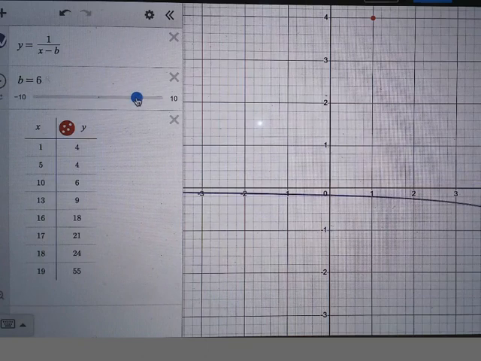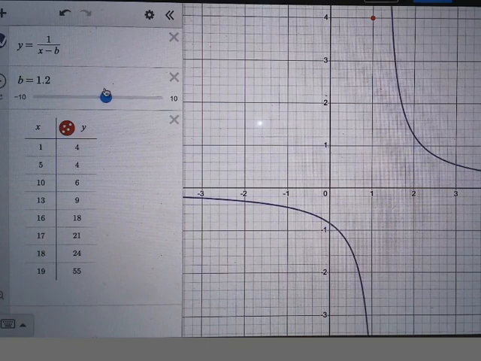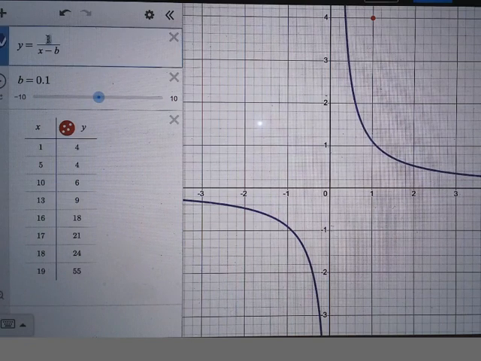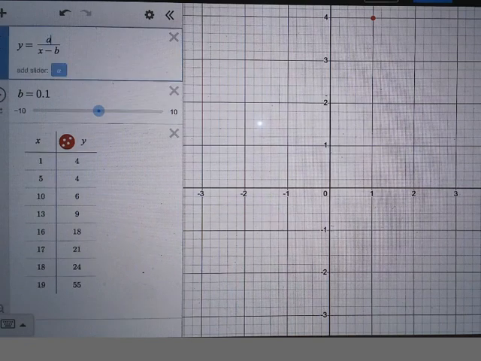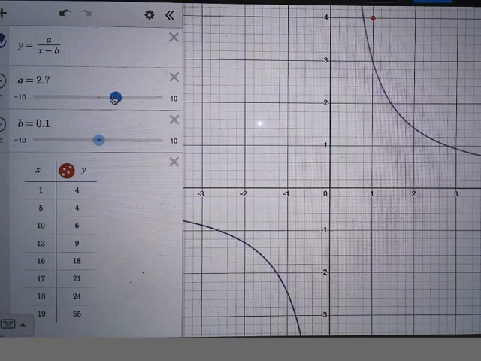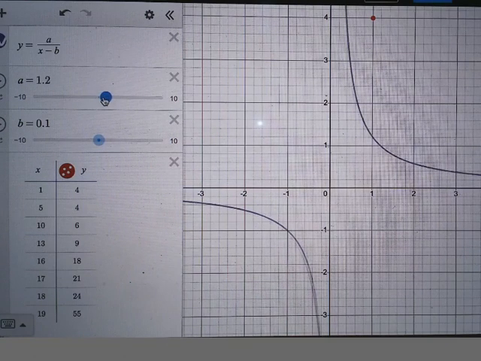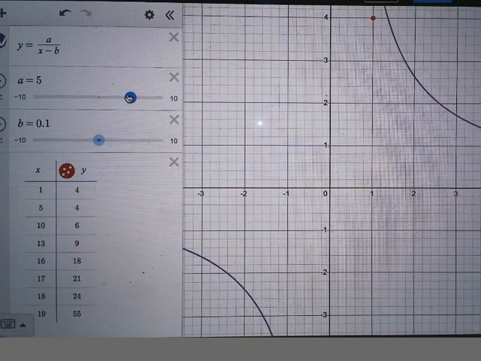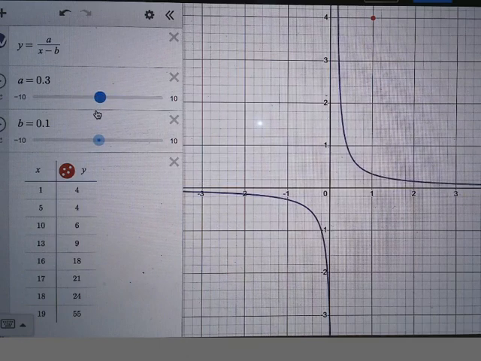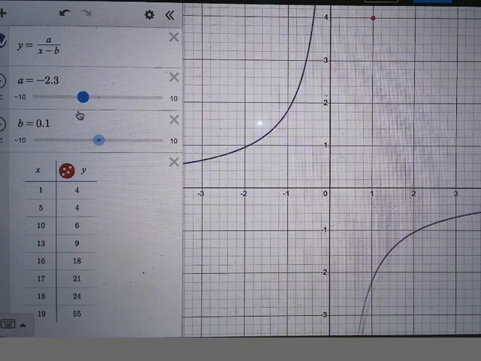Either positive or negative, because it's working on the x. And I can put something here in the numerator like a and make it a slider, and you can see what that does. As it gets bigger, it moves it further away from the origin. Smaller, it gets closer. If it goes negative, it flips it in that direction.